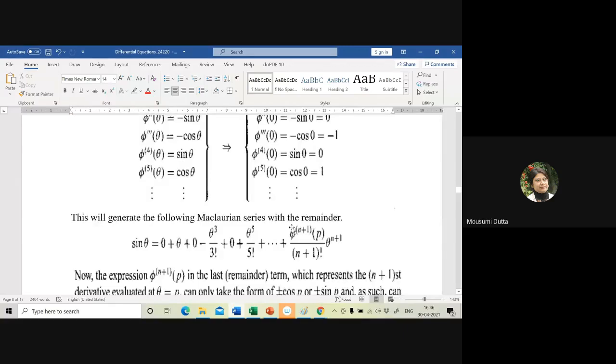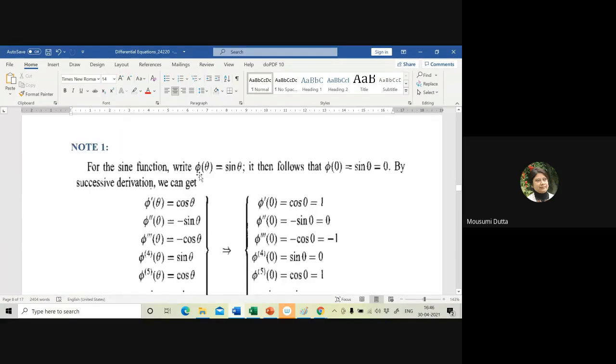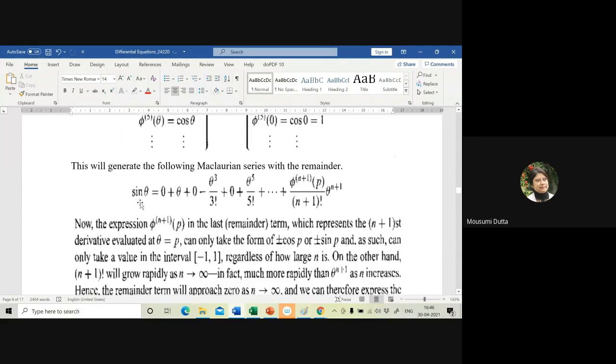Very good. Then I am using the Taylor series expansion, which you can do for any function. Here phi is my sine theta, so I am writing the expression for sine theta. In the last semester, when you considered the Taylor series, what was your left-hand side?